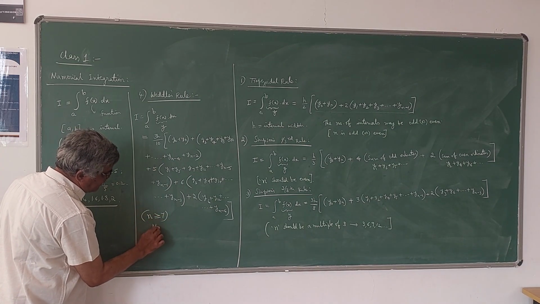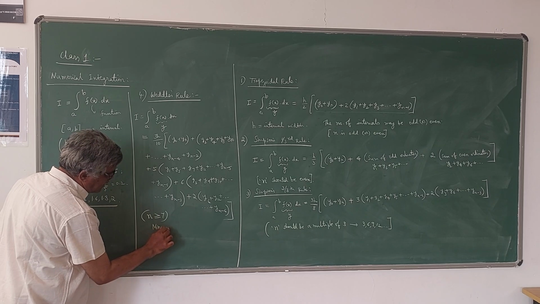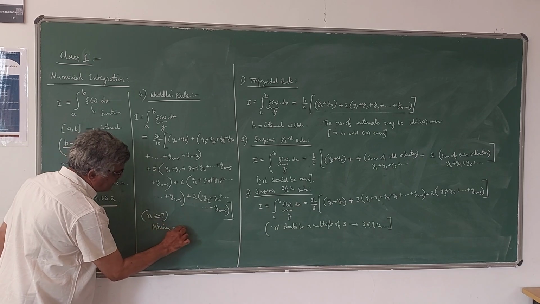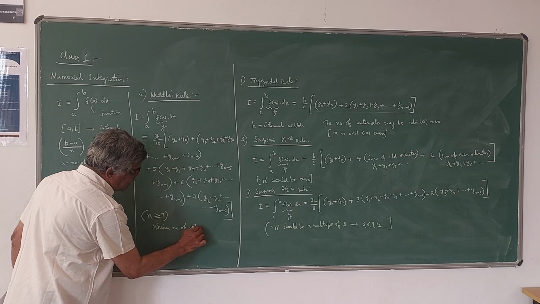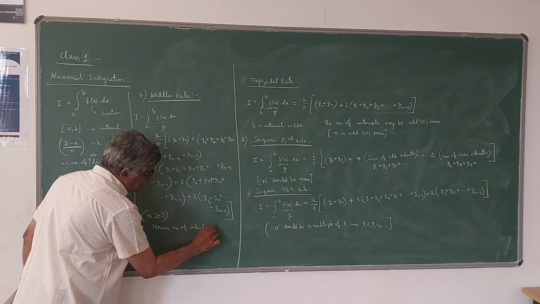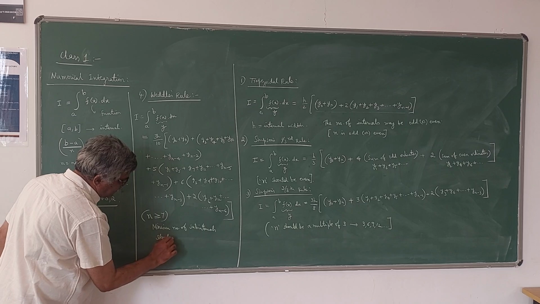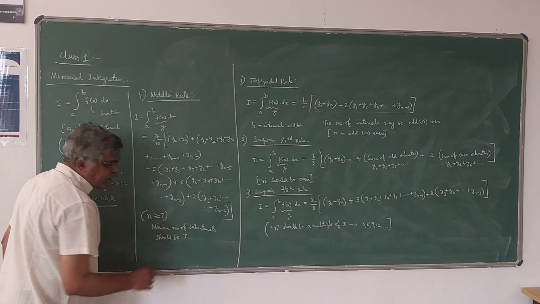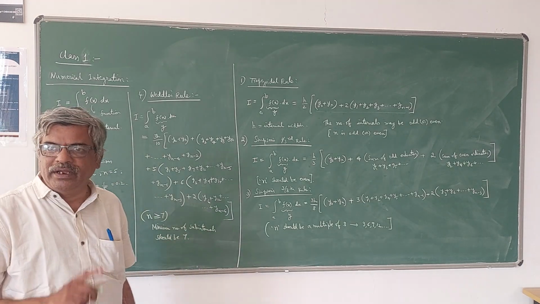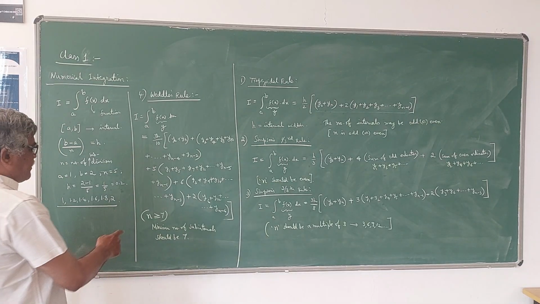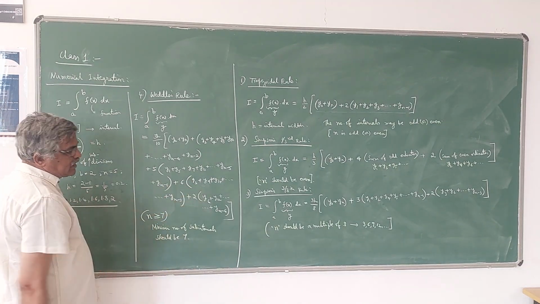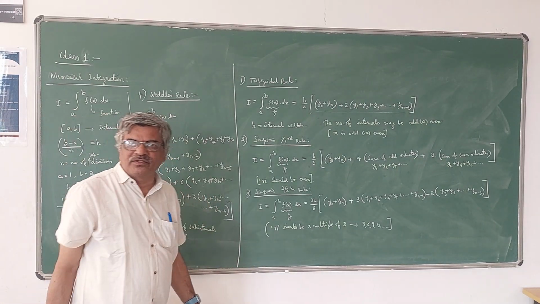The minimum number of sub-intervals should be 7. It can be 8, it can be 9. So these are the conditions that should be satisfied for the values of n.